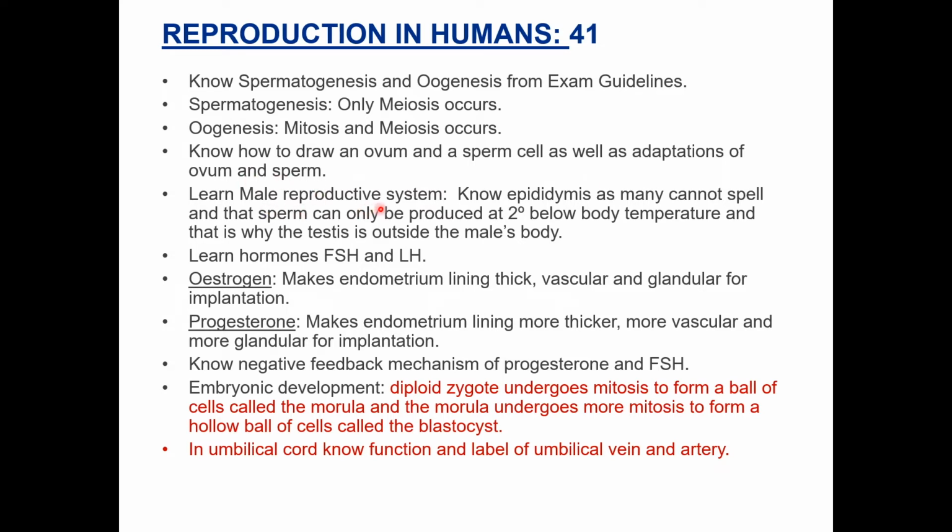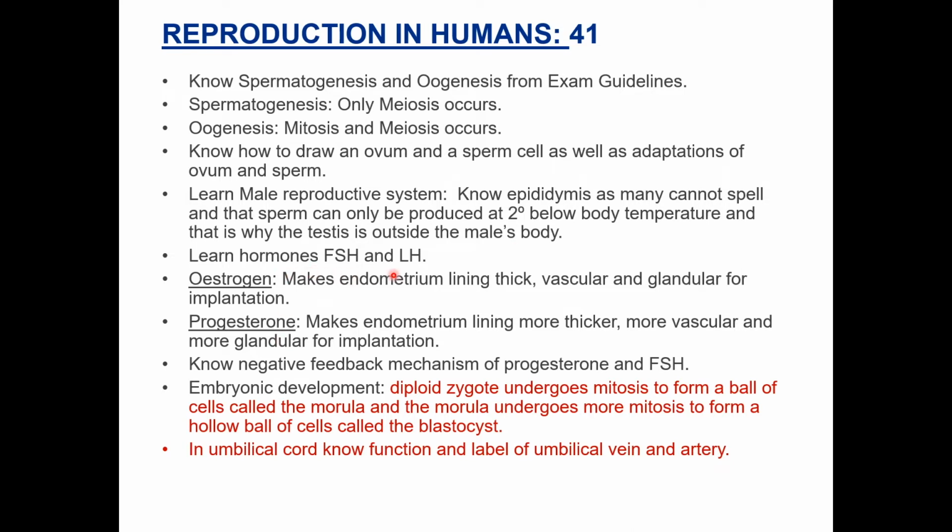Learn the male reproductive system well. Know epididymis. Many cannot spell epididymis and most likely you will be asked to label this structure or be asked this as a term. Also know that sperm can only be produced at 2 degrees below body temperature, and that's the reason for the testes being outside the male's body.